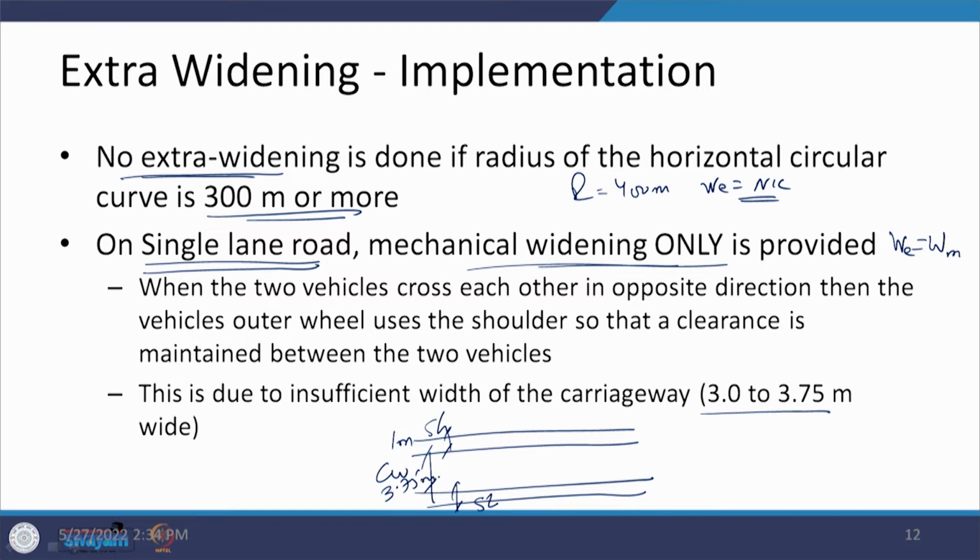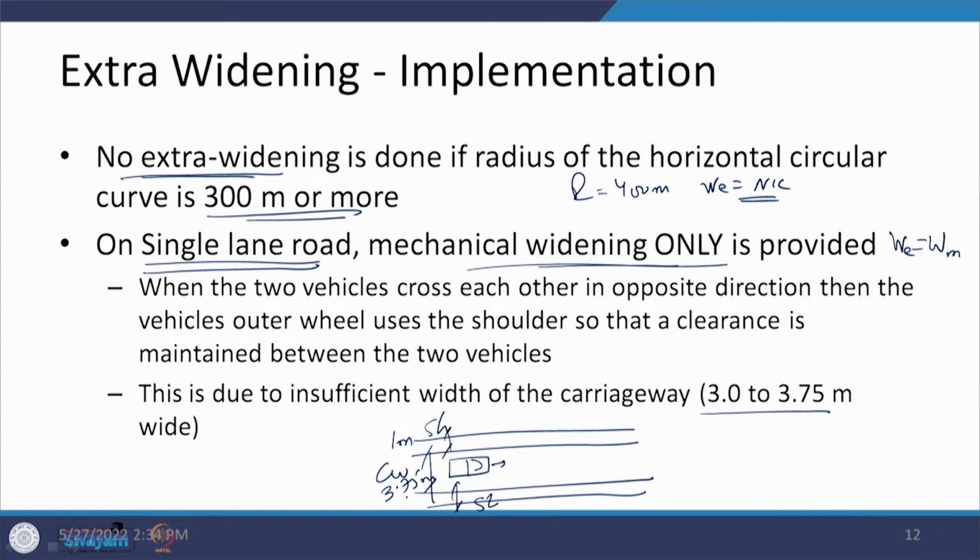So, it becomes 5.75 meters. Now, if a vehicle is coming, most of the time the vehicle will be moving like this, and these design vehicles have a width of roughly 2.44 meters. So, when the two vehicles are coming side by side, on the carriageway you do not have that much space.